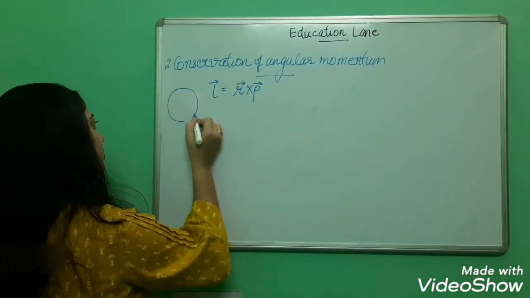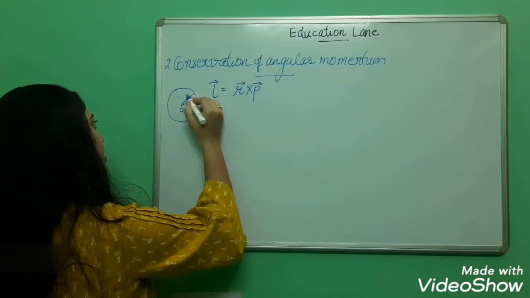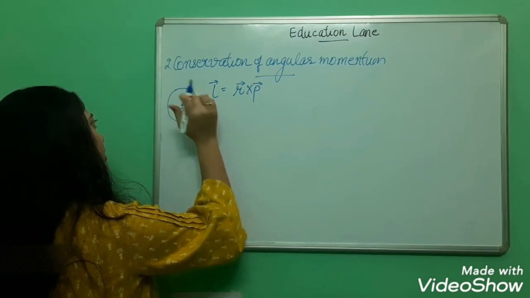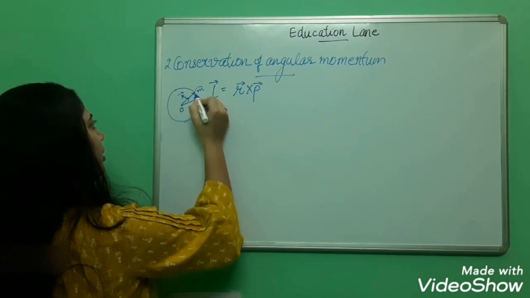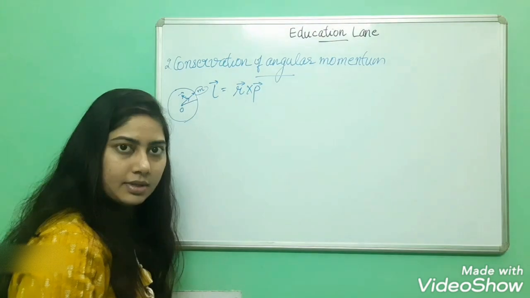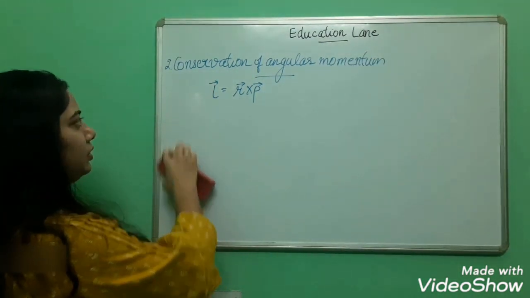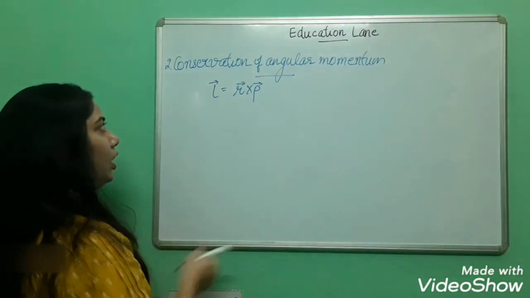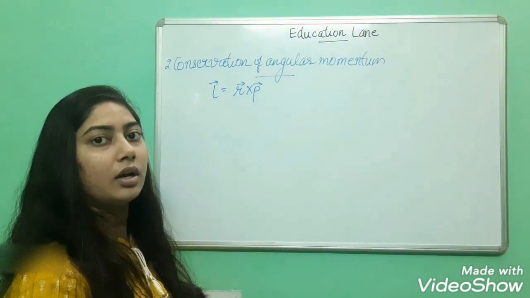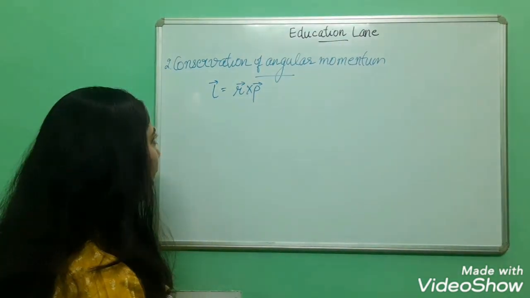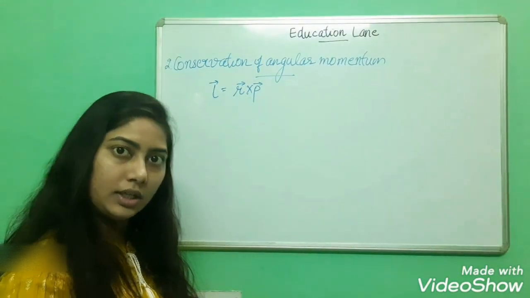For example, this is O, the particle of mass m is here, this is r. This is the position vector of the particle. Right? Now here also we will consider that the external force applied on the system is 0, then the angular momentum will remain conserved.